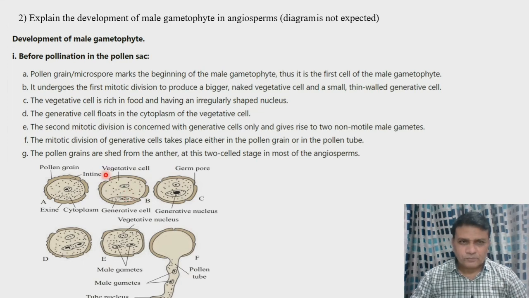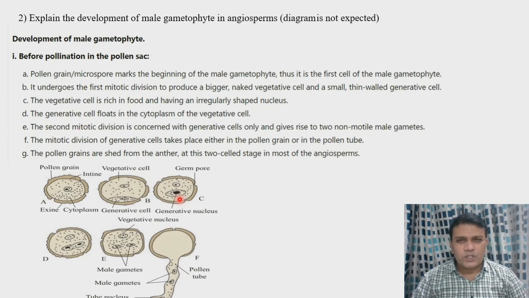So the next point is the second mitotic division is concerned with generative cells only and give rise to two non-motile male gametes. So this generative cell will undergo mitosis and it will produce two non-motile male gametes.